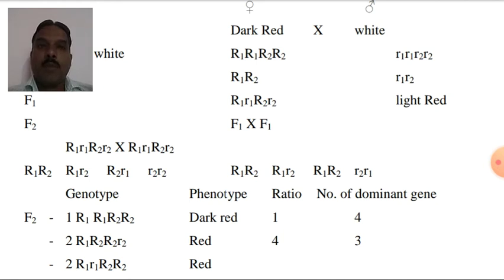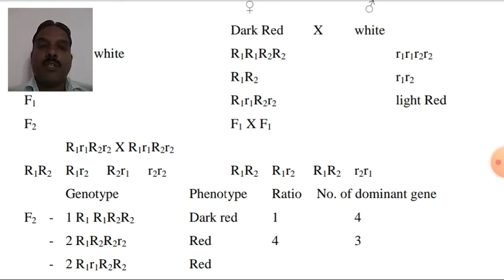Capital R1, capital R2, this is the first gamete. Second, capital R1, small r2. Third gamete will be small r1, capital R2, and the fourth one is small r1, small r2. The second F1 will produce the same four gametes, so we make a circle around all those gametes.